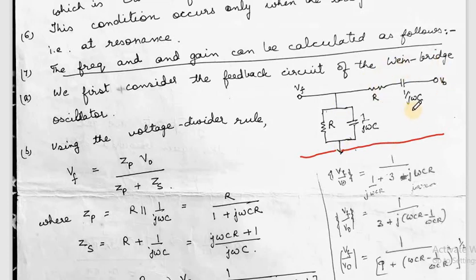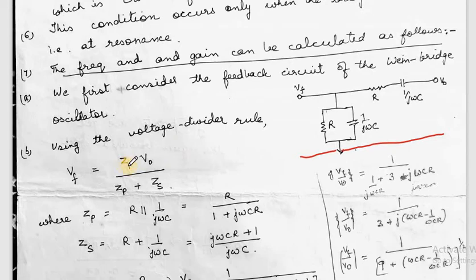If we term this impedance as Zp, and this impedance as Zs, then Vf equals Zp, the impedance across which we are calculating Vf, times V0 upon Zp plus Zs, by the definition of the voltage divider rule.